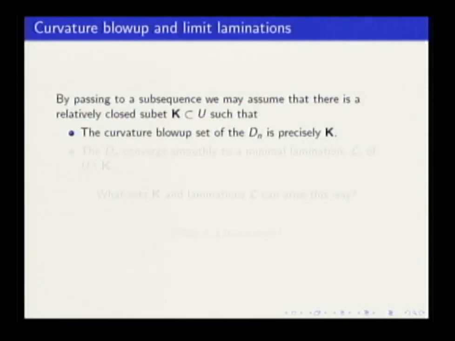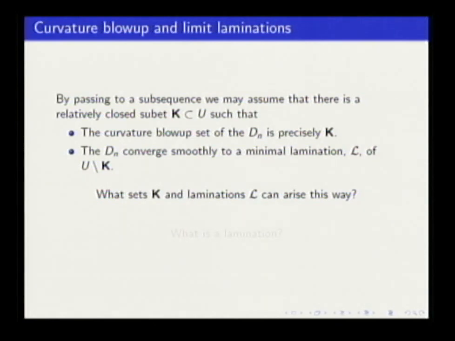Okay, so if I have such a situation and I stay away from the set where the curvature blows up, I can find subsequences that converge to a minimal lamination of the set U minus the curvature blowup set.